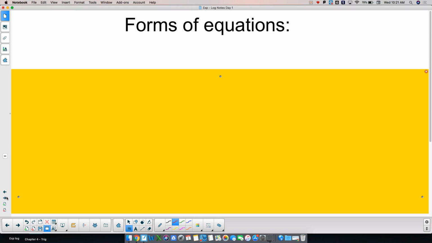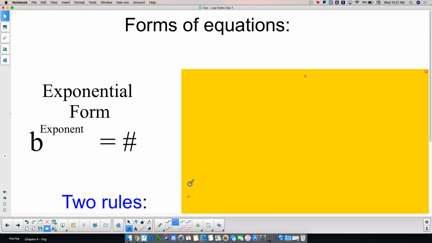The sooner you get this slide memorized, the easier things will get for you in this chapter. So you've got an exponential form of an equation. You've got some base to an exponent equals some number. You know it's an exponential form because you see an exponent.